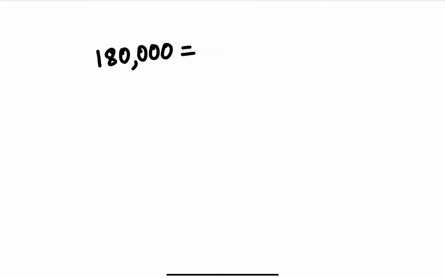I can run the production twice and produce 90K each time to have 180,000. Let me just write this down. One time and I can produce 180K. I can run the production 2 times and produce 90K. I can run the production 3 times and produce 60K.